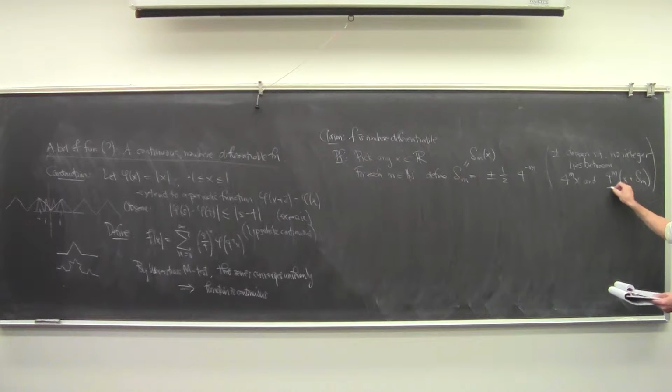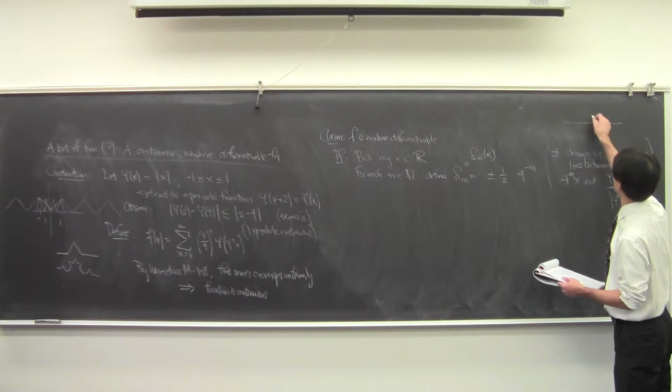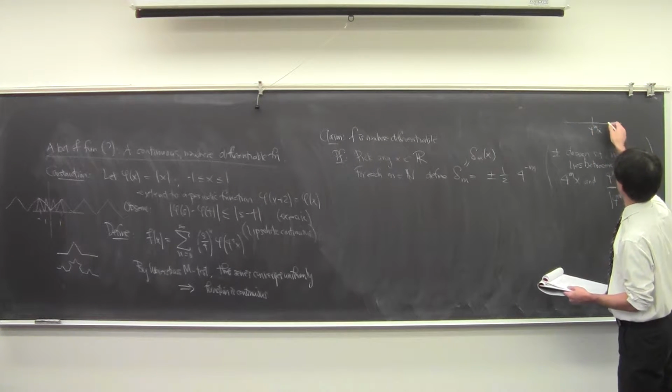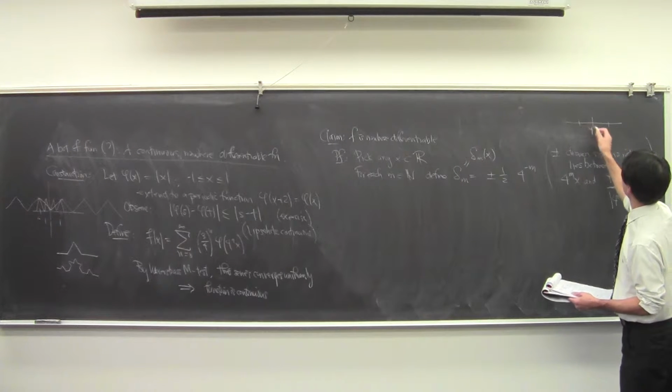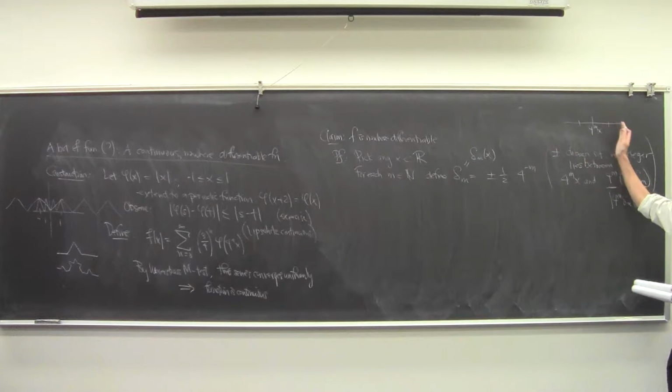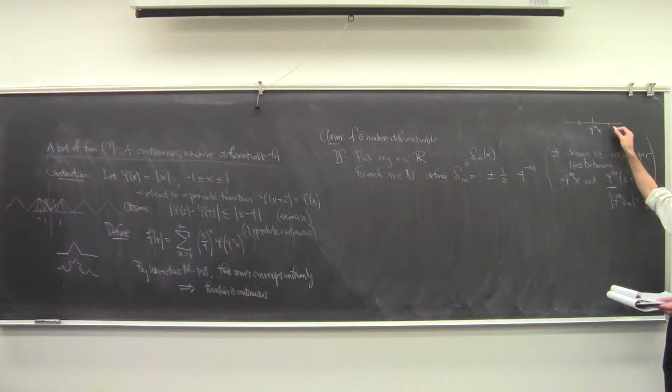Okay, this 4 to the m times delta m is of magnitude 1/2. So you look at this point, 4 to the m x, and you look at the half intervals to the right and to the left, and you see which one does not contain an integer. If that's on the right side, you make it plus.